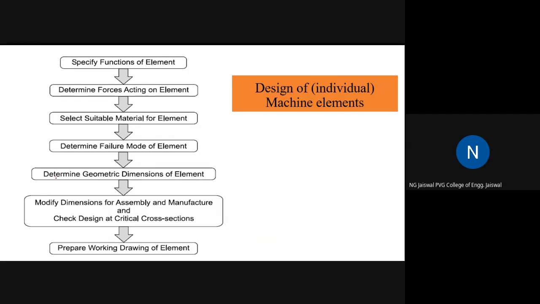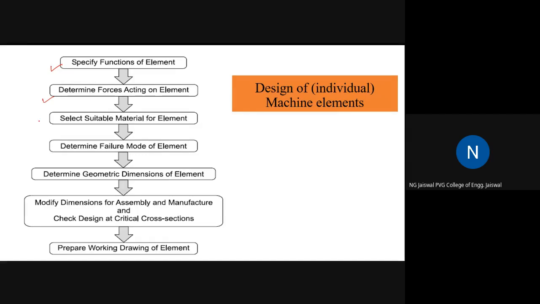So you should know the function of that element, how it is rotated, how it is moved, etc. Then determine the forces acting on the element. Here, P was given directly. Sometimes forces are not given directly and you have to find them. Suppose only motor RPM and motor power are given, you have to find out the torque and the forces. So sometimes you have to do some extra calculations to find the forces.